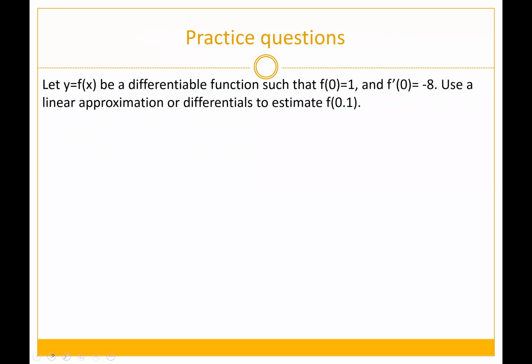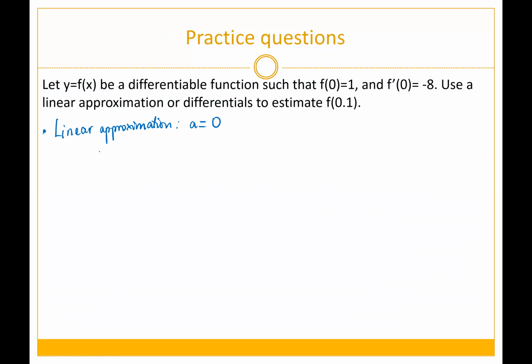The first one: let y equal f(x) be a differentiable function such that f(0) equals 1 and f prime of 0 equals negative 8. Use a linear approximation or differentials to estimate f(0.1). As I say, the first step is to find the linear approximation of the function at a equal to 0.